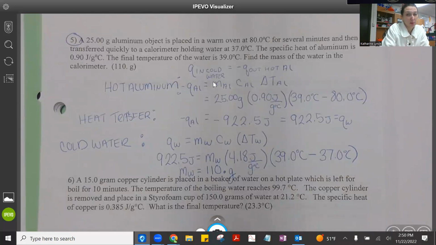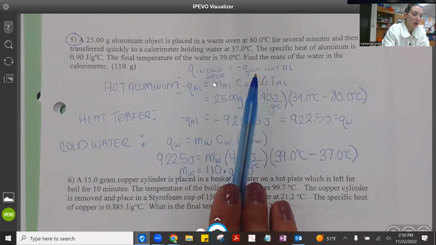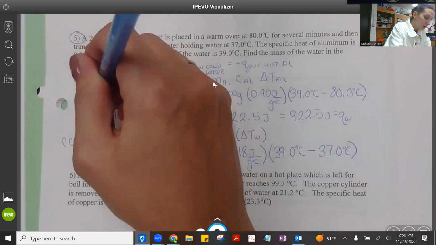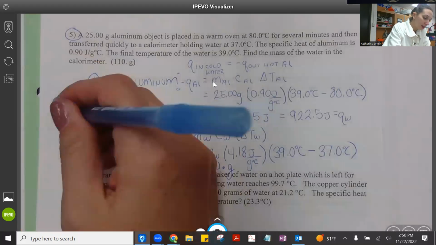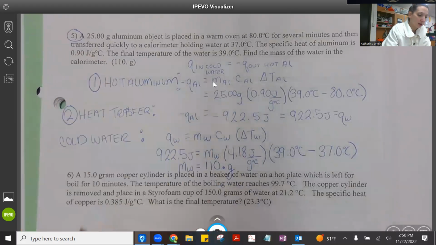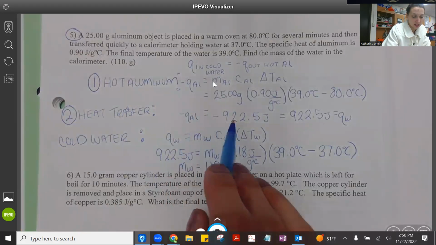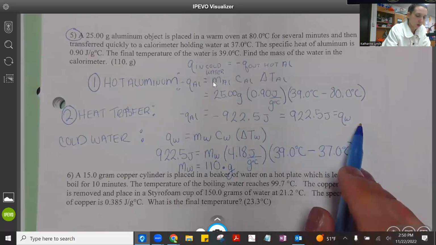So all of these problems are going to be about heat in equals heat out. You'll know information, in this case, about the hot water. Then you'll have a heat transfer step where the heat out, in this case what comes first, equals the heat in to the cold water.